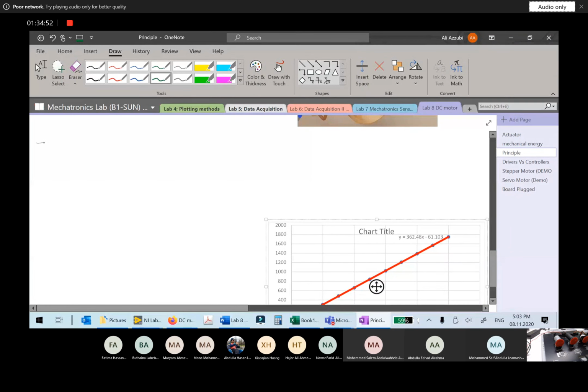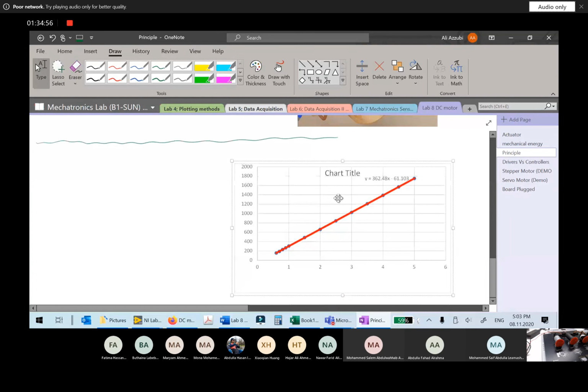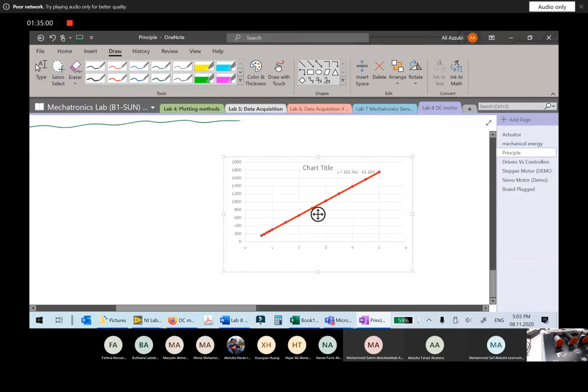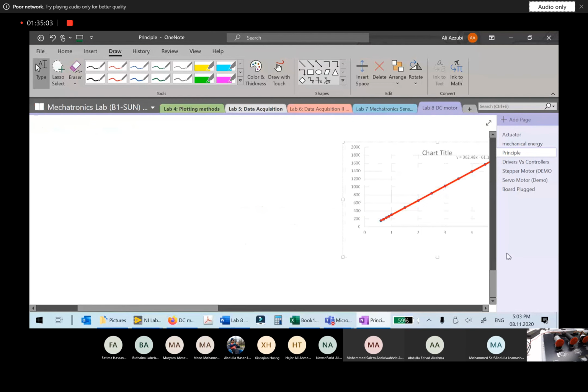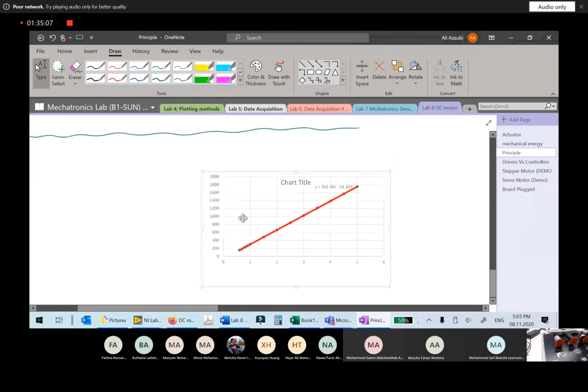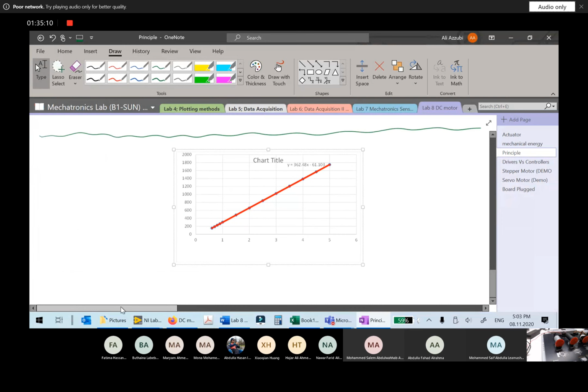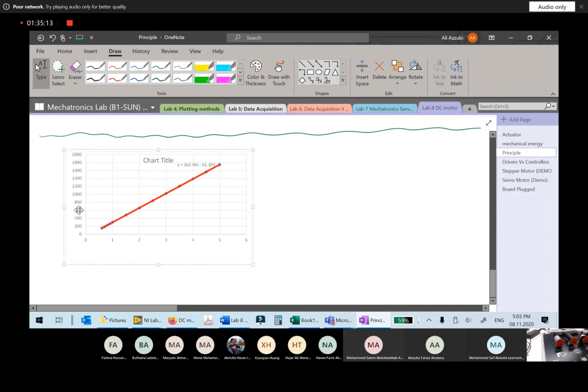So here in this page, actually I want to zoom like this. Okay, the first observation is that the response, voltage, is a function of omega.